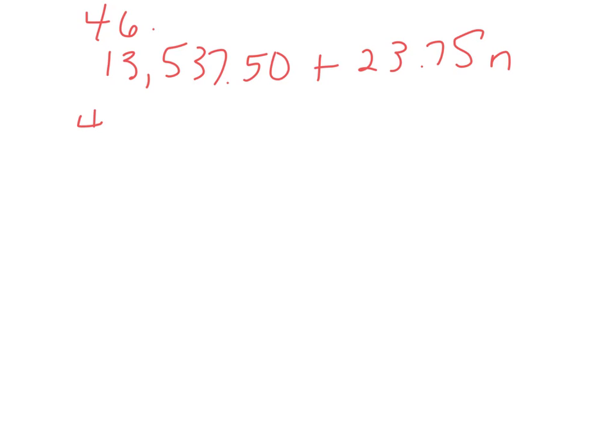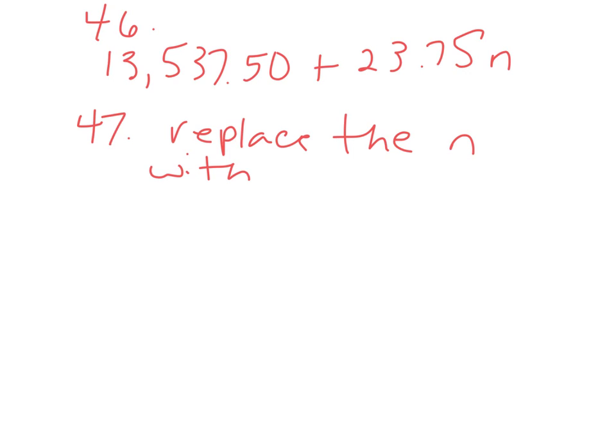And then number 47 is basically asking you to replace the N with 90, because that's the amount that it gives you of the number of freight cars containing grain.